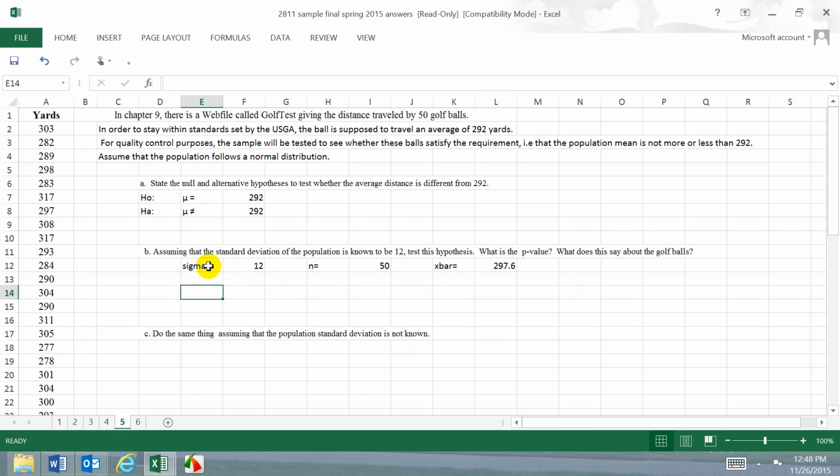So the margin of error is going to be z sigma over the square root of n. But we're doing a hypothesis test, so we're doing a hypothesis test to see is it equal to 292. So the p-value. Let's look at the graph.